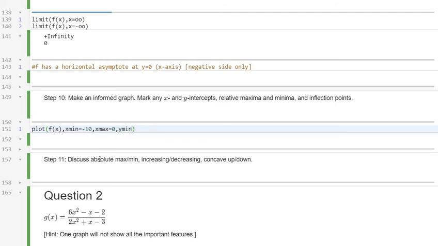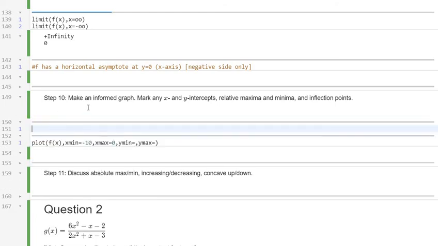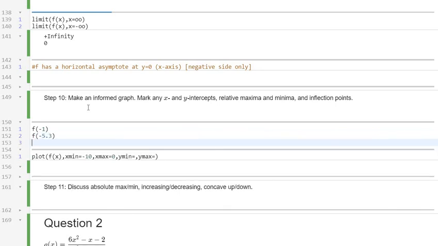Now, we can let the computer choose the y min, y max for us, but just like I said last time, in order to have a procedure that always works in case the computer cannot be trusted, I'm going to go ahead and find some y values, the y values that go with my important points from up above. And so there's negative 1, there's minus 5/3, and not 5.3. You know what?